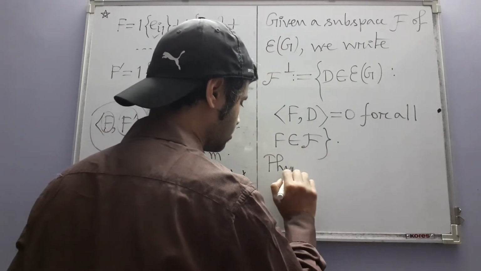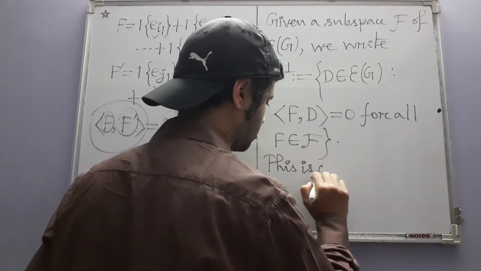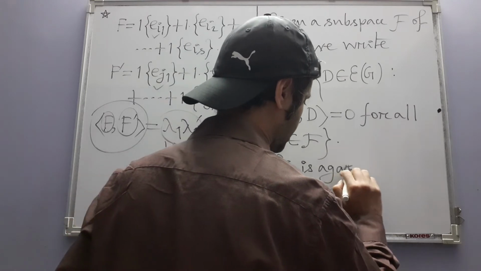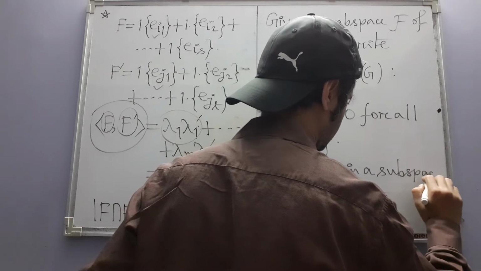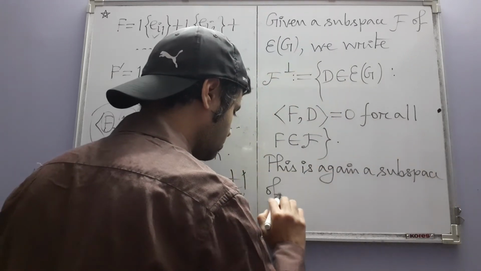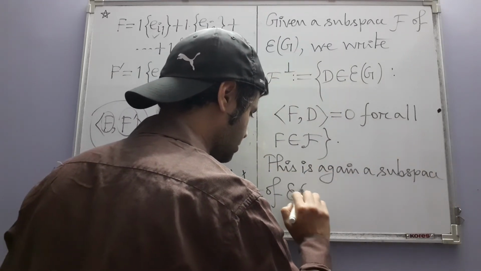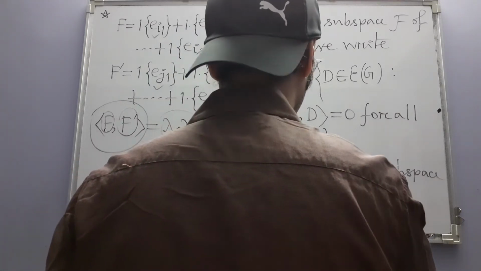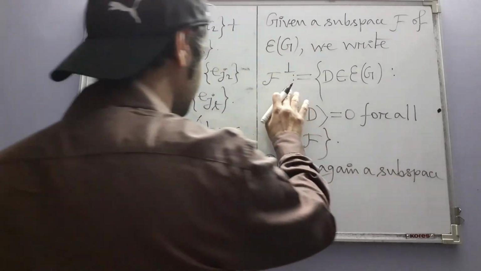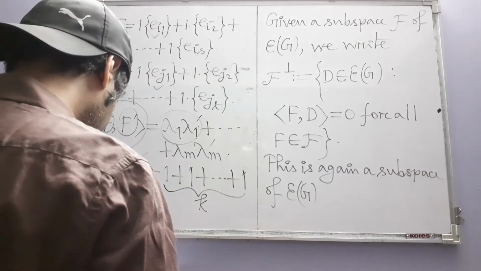Again a subspace of the edge space of G. I forgot its exact name. Is it called perpendicular complement or something like that?